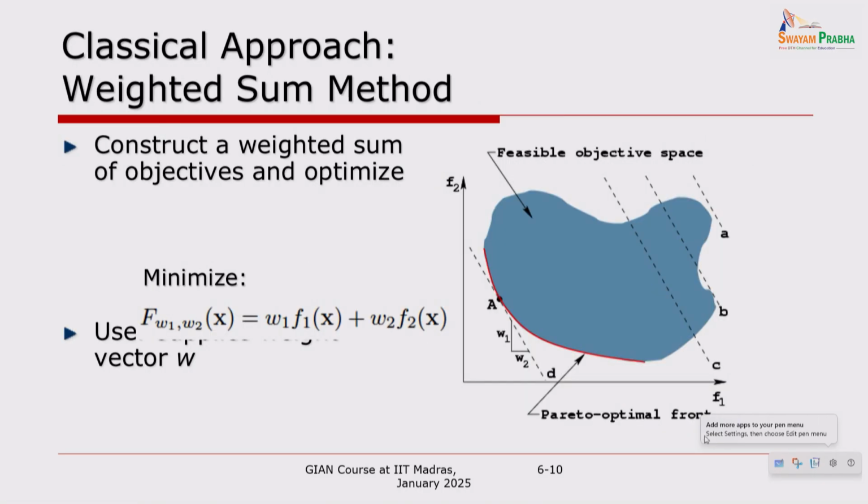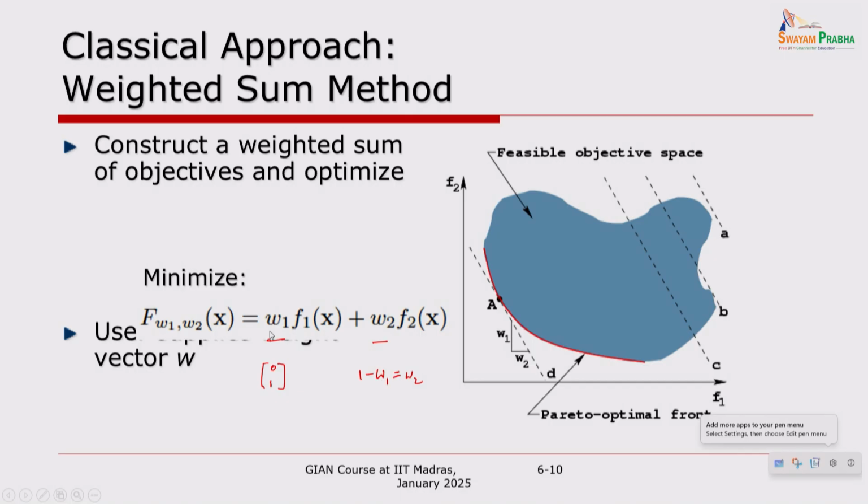So here is the principle. If you have 2 objectives F1, F2, you can use W1 and W2. Usually we use W1 between 0 to 1, and W2 can be 1 minus W1. Then their sum is always 1.